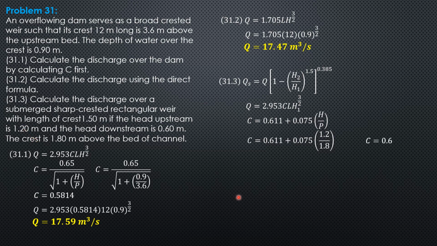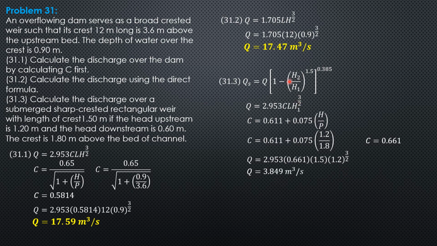So C is 0.661. Substitute here, where H1 is 1.2. So 2.953 times 0.661 times 1.5, length of crest, times head 1.2 to the 3/2. So Q is 3.849 cubic meters per second.